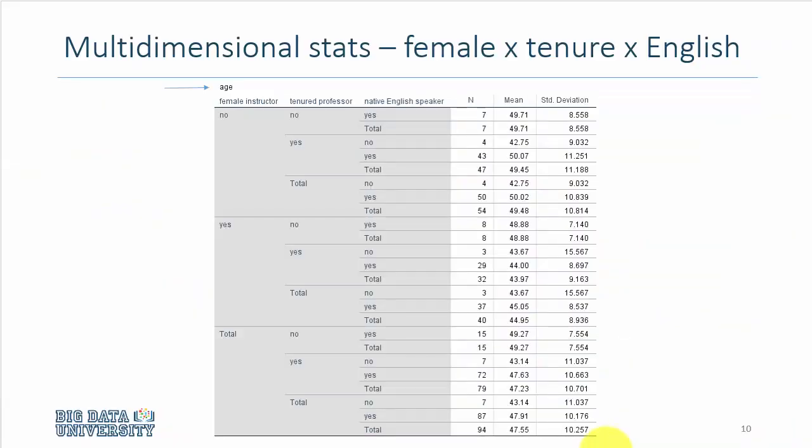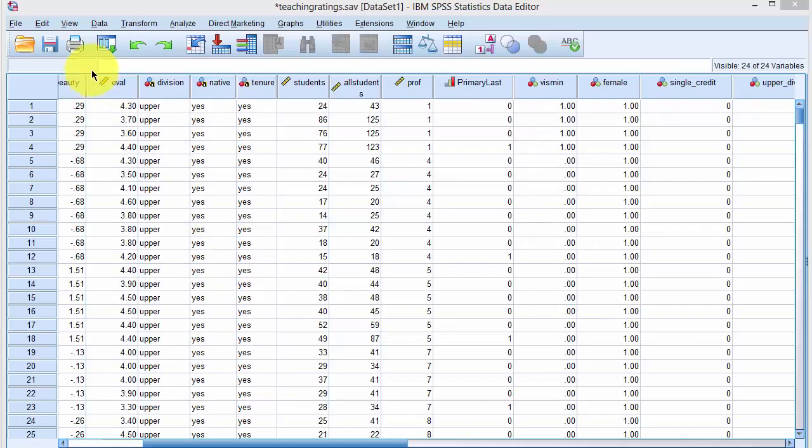We can also compute the same type of statistics such as mean and standard deviation, but then we can look at it from a multi-dimensional view. For example, what is the average age of a female professor who's tenured and speaks English as a native speaker? We can do this using SPSS. Let me show you how. First, we select cases.